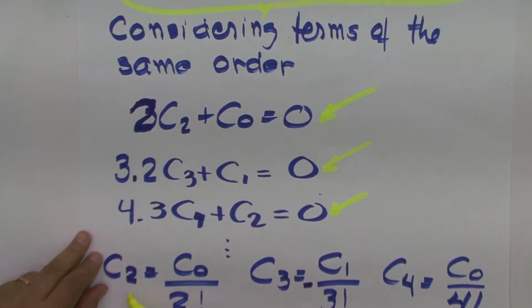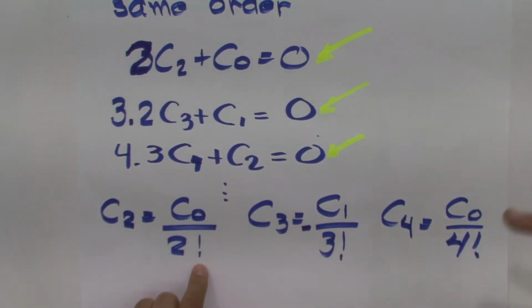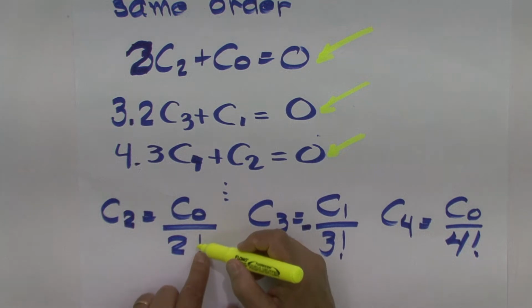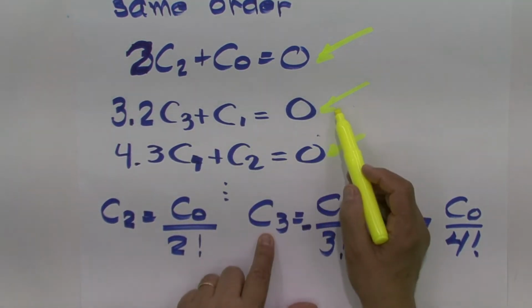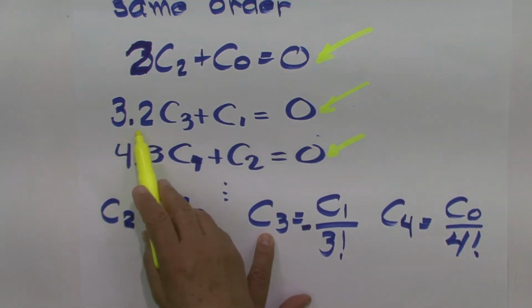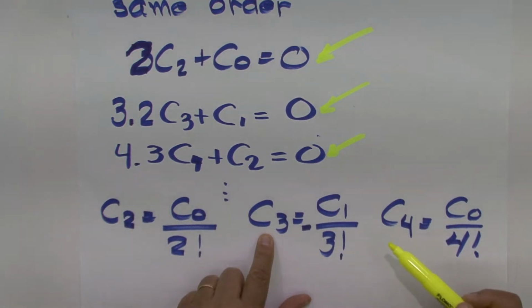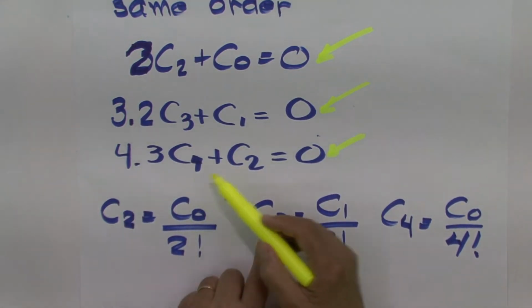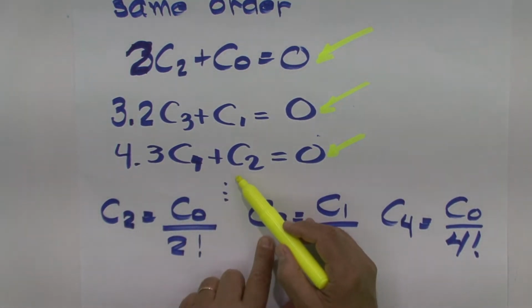So I get c2 equals c0 divided by 2. By convenience, I'm writing it as 2 factorial, because I know what I will get, but this is 2 only. c3 is c1 divided by 3 times 2, which is 3 factorial. You agree? Fine. c4 is c2 divided by 4 times 3.